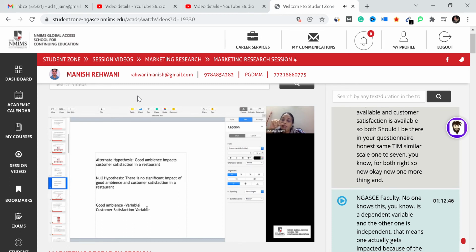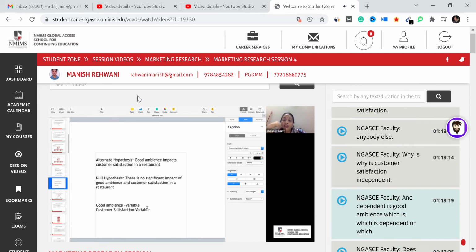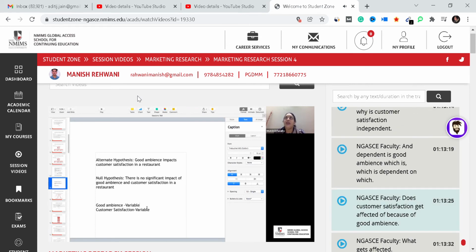Independent is customer satisfaction. Anybody else? Why is customer satisfaction independent? And dependent is good ambience. Which is dependent on which? Does customer satisfaction get affected because of good ambience?